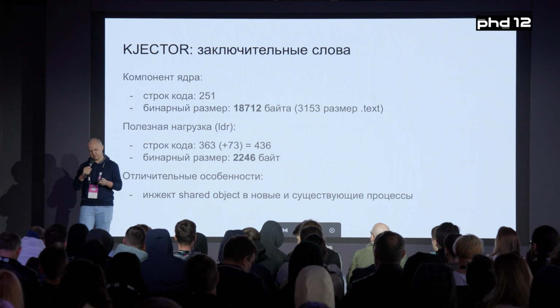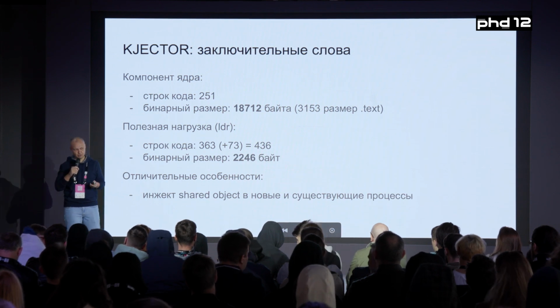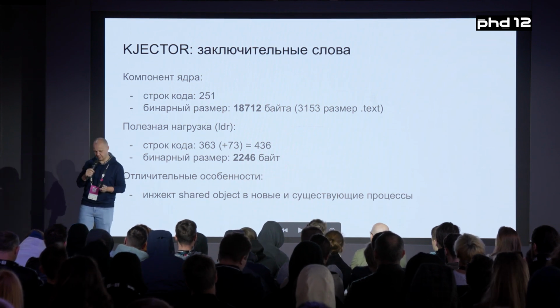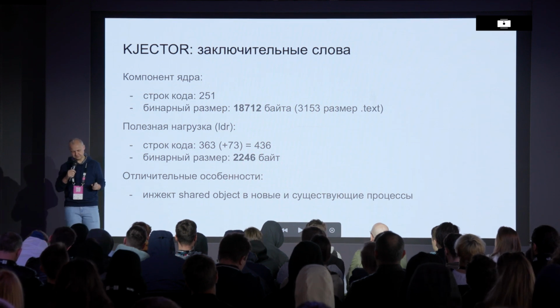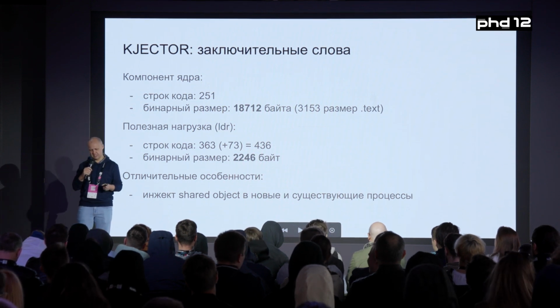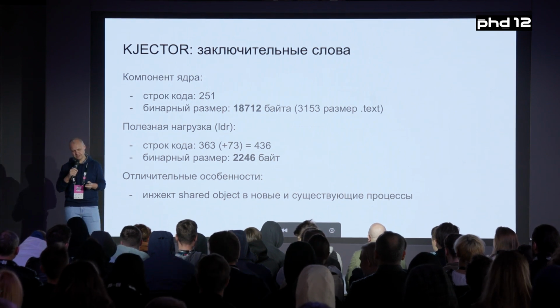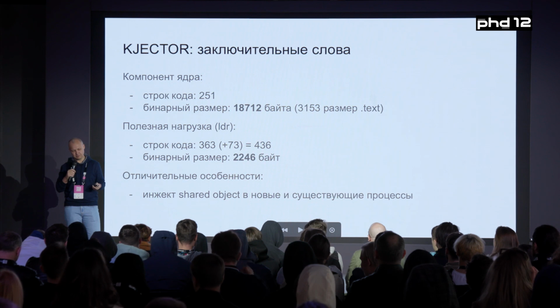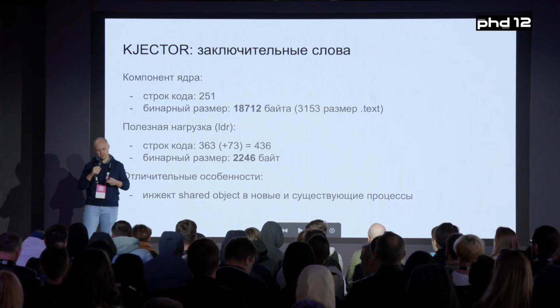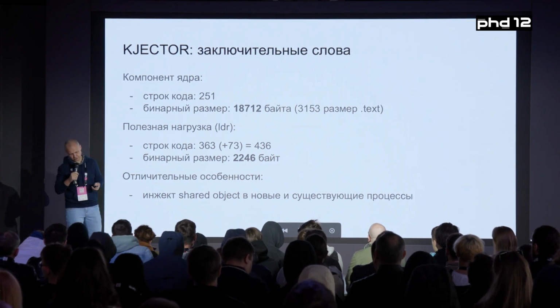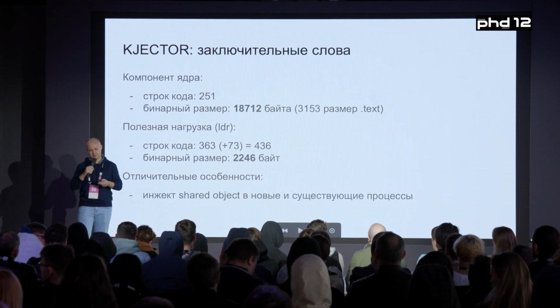The payload itself is a bit more complex: 436 lines of code in total. I'm sorry, 73 lines of assembler and 363 of C, and the binary size is 2 kilobytes. That's the shellcode itself.